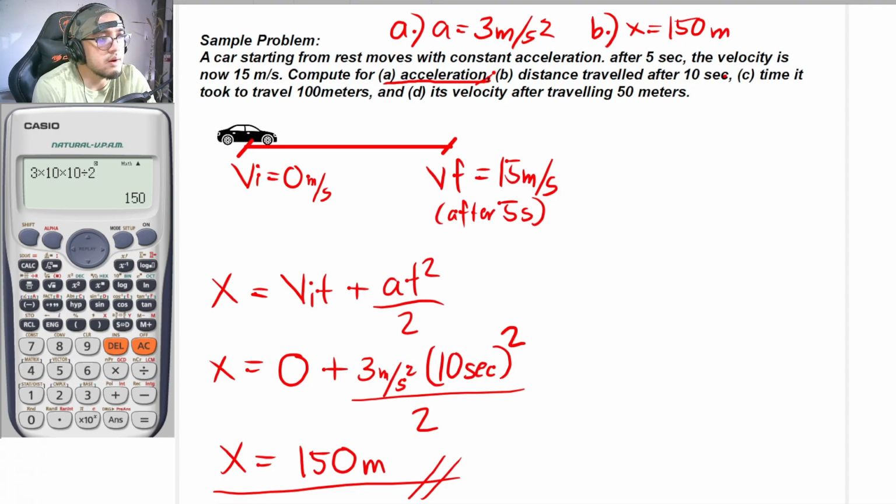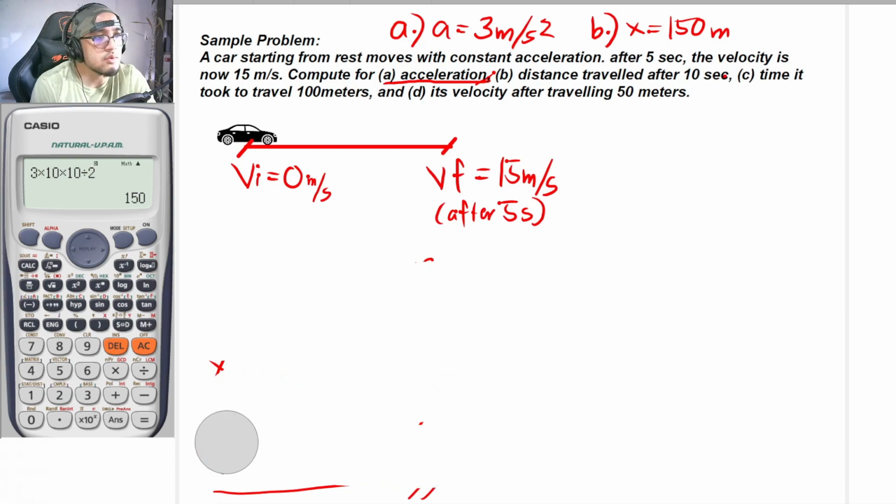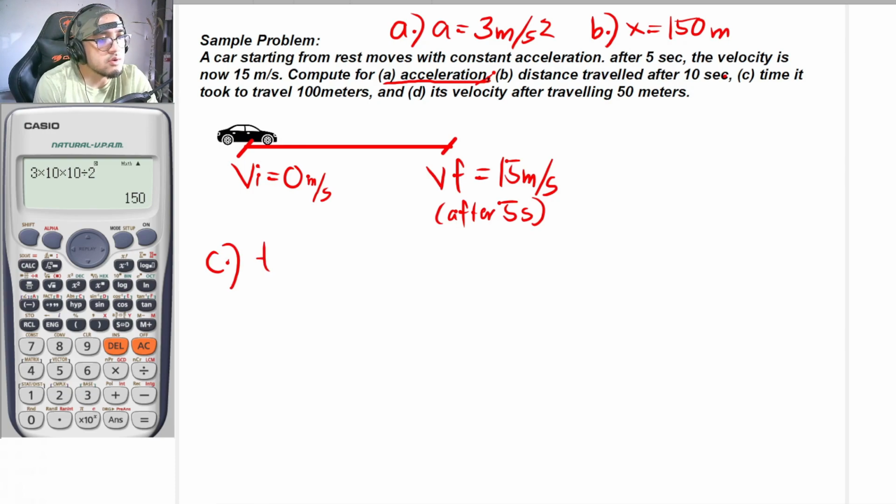Okay, so for letter C, what is now to be the time it took to travel 100 meters? So for C, what is to be the time for x to be equal to 100 meters? I will be making use of the same formula because I like to use it.